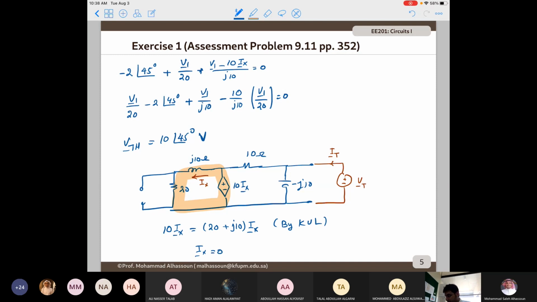Why? Think about it this way. You have A times x equals B times x. If A is not equal to B, then x must be 0. So this implies that Ix is 0. If Ix is 0, what does the dependent source look like? 0. Yes, exactly. It's going to look like a short circuit.